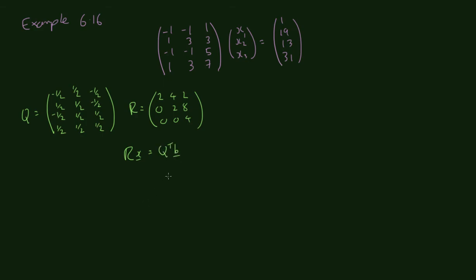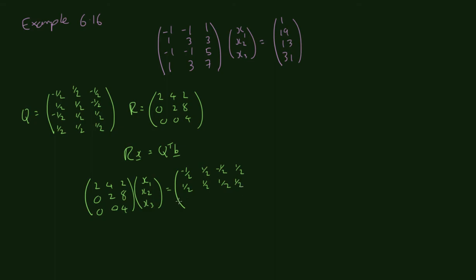Remember we solve Rx equals Q^T b. On the left we've got our R matrix, multiplied by our unknown values x1, x2, x3. On the right, the transpose of Q is going to be a 3 by 4. It's going to be minus a half, minus a half, a half. The second row is just going to be all halves.